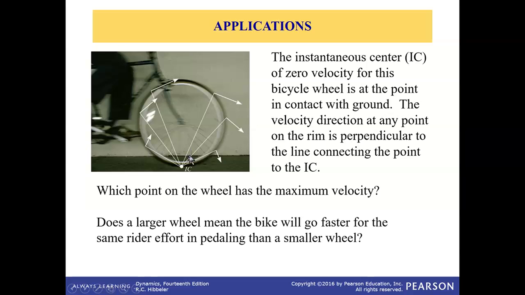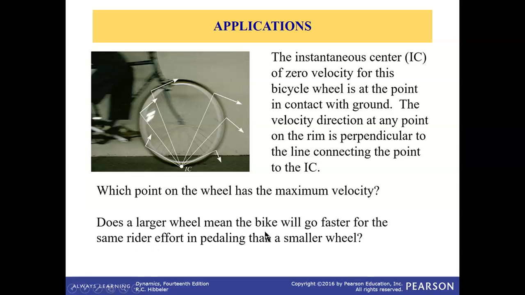So the one which has the maximum r, the maximum length of the position vector, is the point that has the maximum velocity, and that point is here on the top of the wheel, for which the r is all the way from the instantaneous center to the top, which is nothing but the diameter of the wheel, multiplied with the angular velocity, and that is the maximum velocity at the top point.